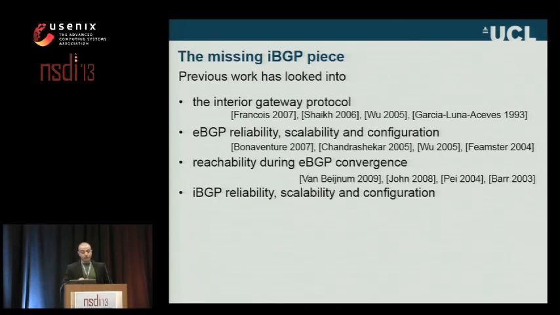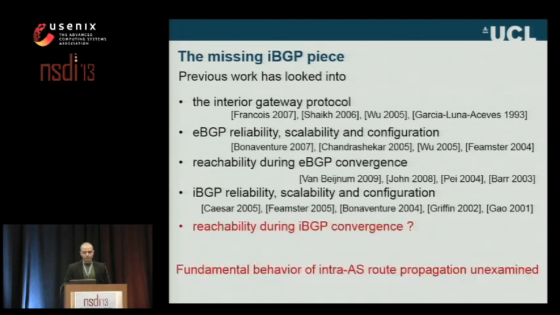Now, work exists on the iBGP side, which relates to solving configuration problems and also avoiding things like path exploration. However, the fundamental behavior of intra-autonomous system route propagation is still unexamined.